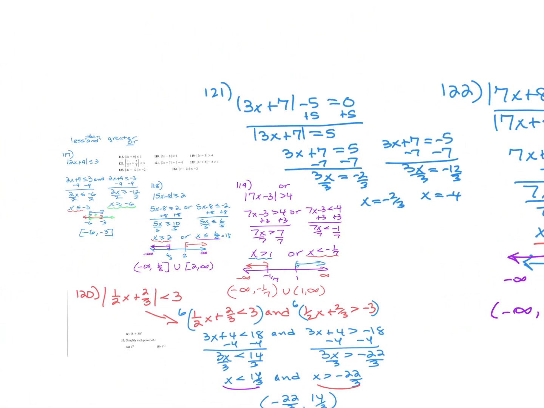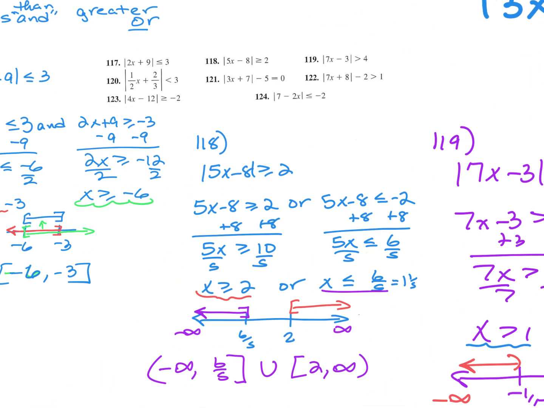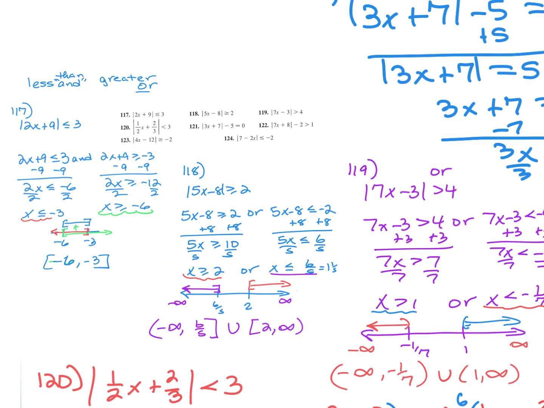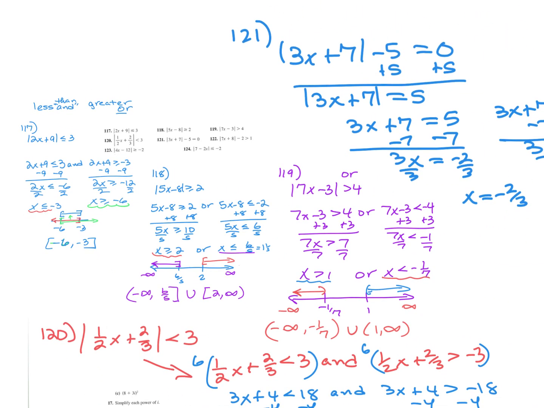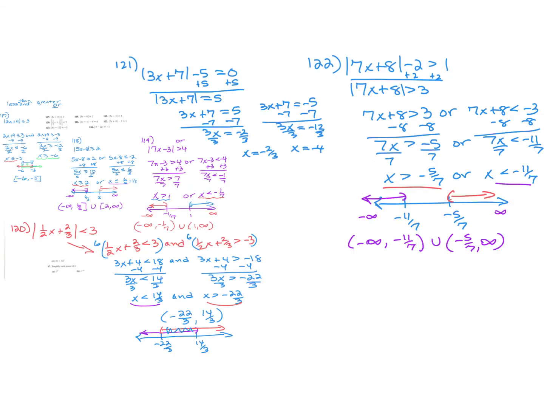And the next one, that was 122, 123. So 123 has |4x - 12| >= -2.